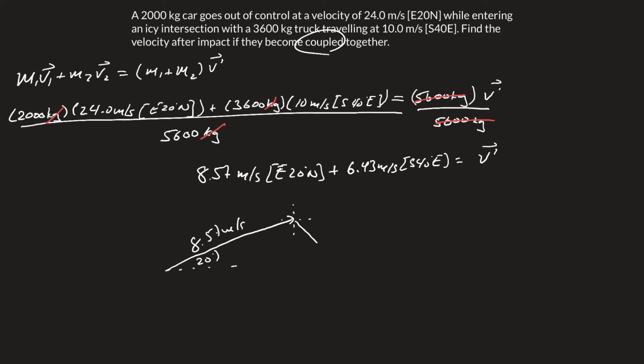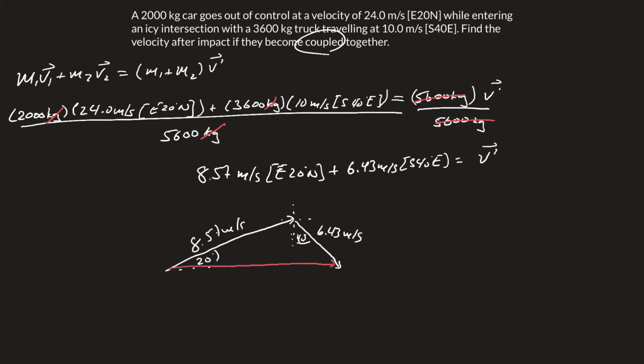So perhaps it looks something like this. 6.43 meters per second. So this here is 40. And then we have our resultant vector, which may or may not actually be perfectly flat. I know I've kind of drawn my picture that way, but that's not necessarily the case.